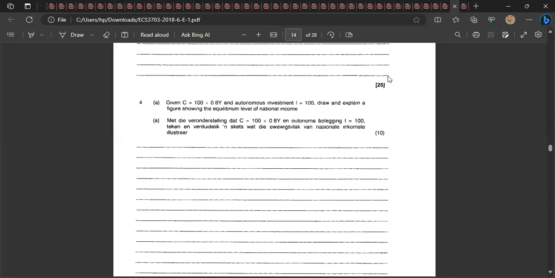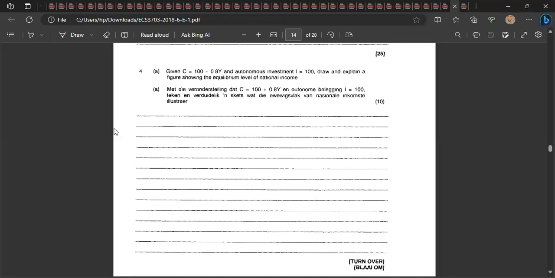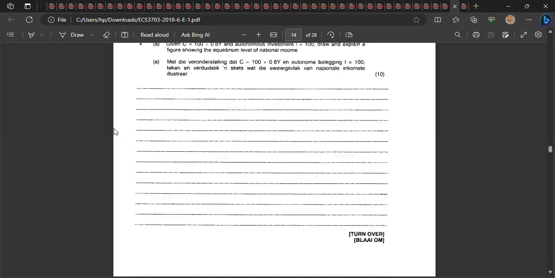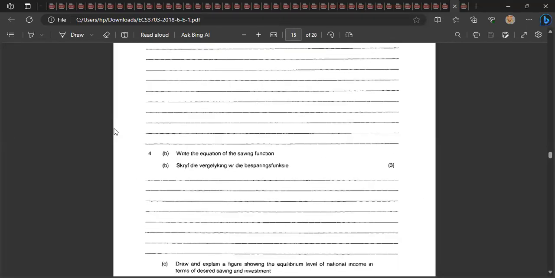Then your line going that way, and your gradient, which is your MPC, the marginal propensity to consume, is going to be 0.8. So just check that out. With this one, you don't really have to draw it. I don't think you'd really forget this. It's very simple.